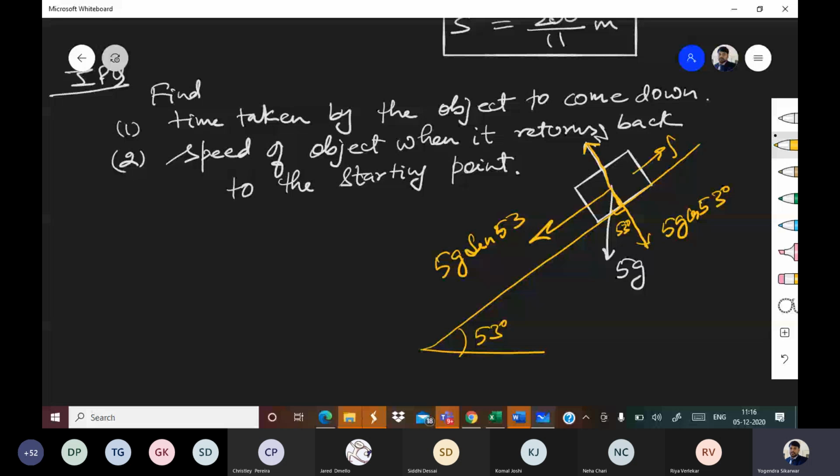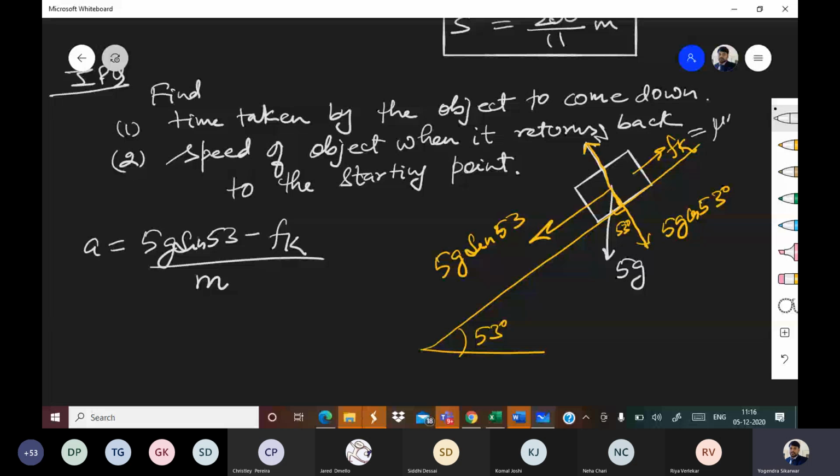Calculation will be exactly same as was in the previous case. Only the values will change. So acceleration A will be 5G sine 53 minus Fk upon M. Fk will be how much?